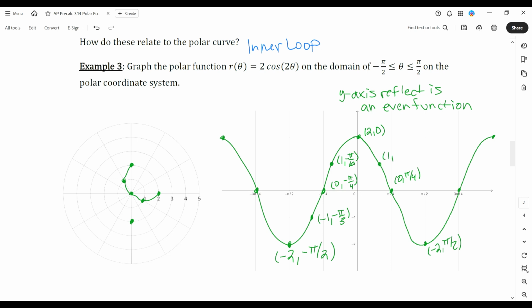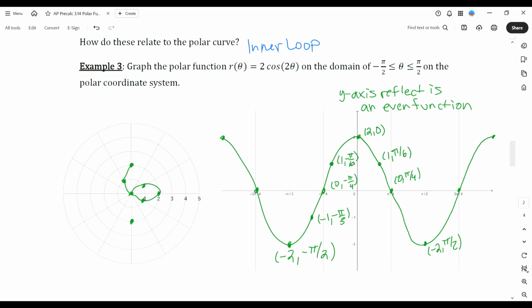At the value of 1, I had an angle at pi over 6. So 1, pi over 6 is right here. So the graph then looks like that. Then 0, pi over 4 was right there.